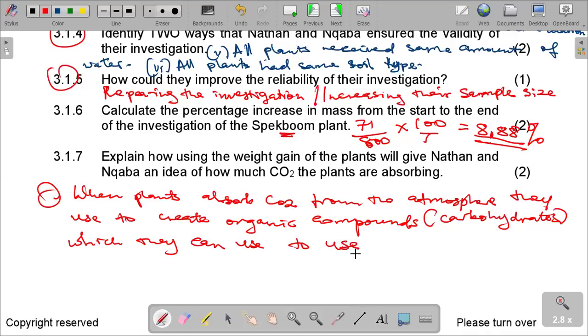When plants are taking carbon dioxide from the atmosphere, they use it to create carbohydrates, which they can use to grow.